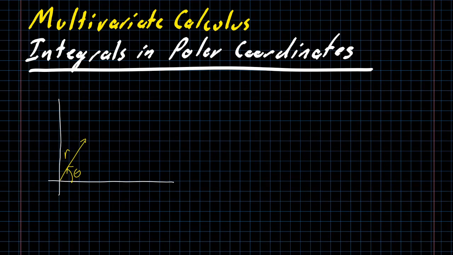instead of f of x and y. All right, so if we have some region, and I'm going to assume that our region is somewhat annular in shape, that is a disk that is hollowed in the middle, then we can think about some infinitesimally small bit of this, which I'm going to draw using some curves at an angle.